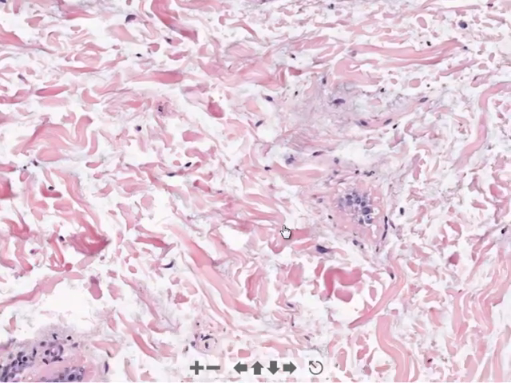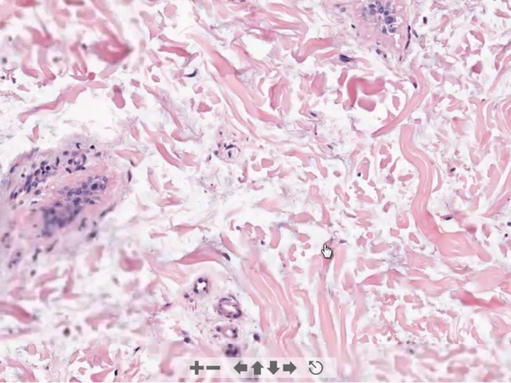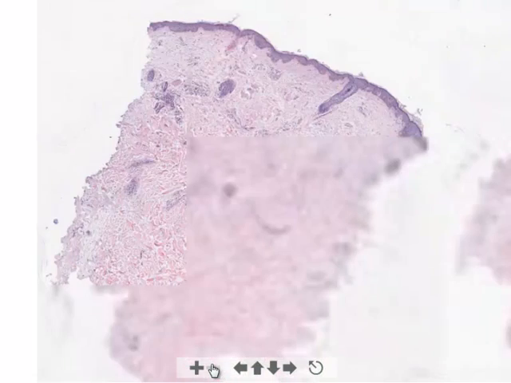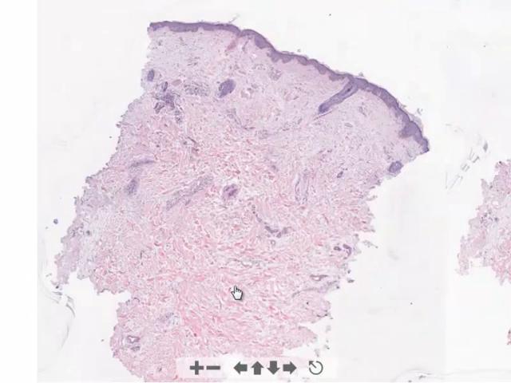But in the deeper dermis, I think you can better appreciate that we're seeing increased amounts of dermal mucin present within the specimen. So let's back up and take a look at our specimen again in low power. What we're seeing are three characteristic findings, and those are vacuolar changes along the dermal-epidermal junction and a superficial and deep inflammatory infiltrate that is mostly lymphocytic with increased dermal mucin.